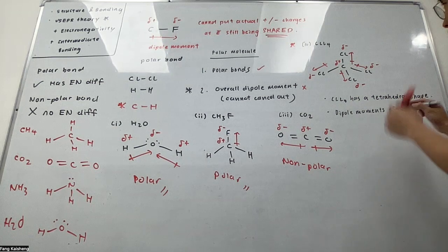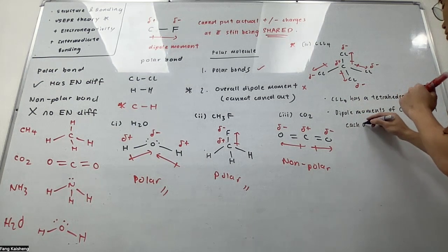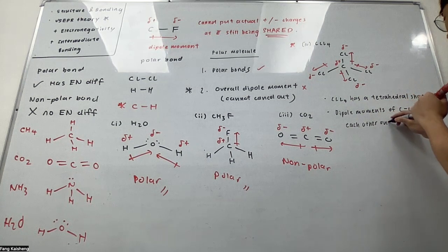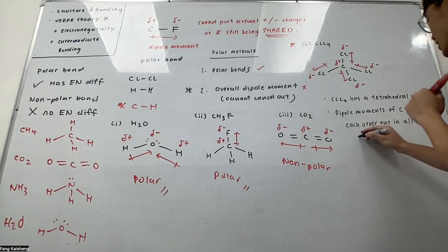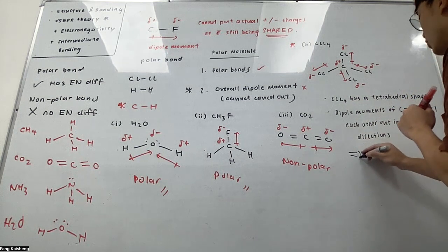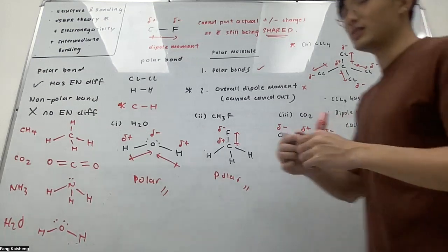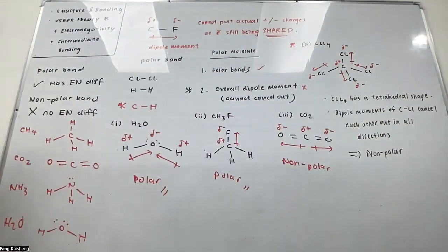So it's a very common non-polar molecule, CCl4. You see that very commonly. They cancel each other out in all directions, and that's why there's no overall dipole. So it's just a non-polar molecule. Can you see this? Okay.